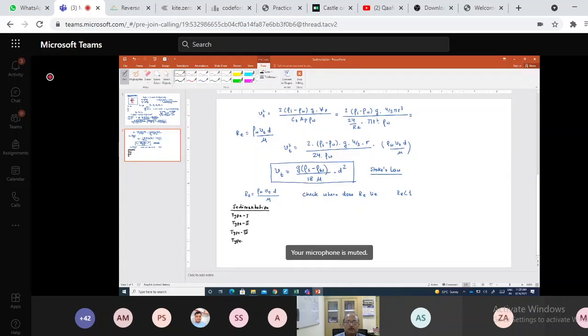I'll just give you a brief idea about what these four types of sedimentation are. Those who were in my wastewater engineering course earlier, for BTech students, already know about this, so just take it as a recap.